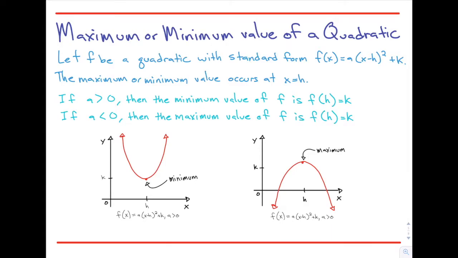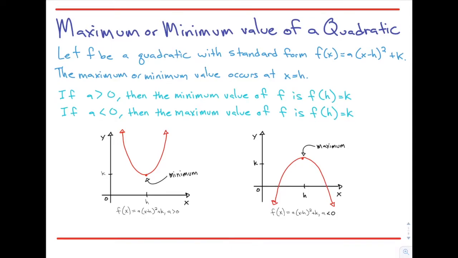I've got two figures here just to help frame. On the left we have f of x equals a times the quantity x minus h squared plus k for a greater than 0. So we open upwards and we've got a minimum at the vertex. And on the right, we have the same function for a less than 0, which would imply that our vertex is a maximum.